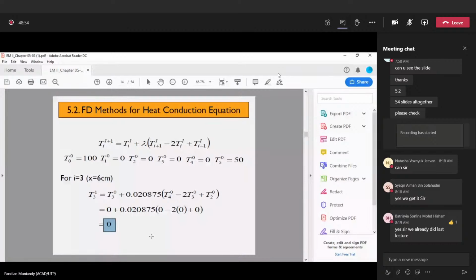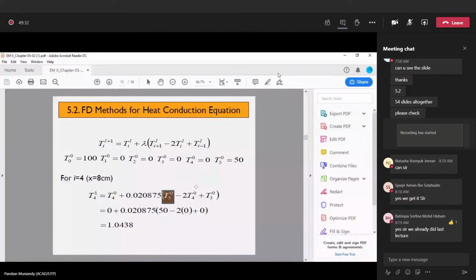And the last one is I equals 4. Previous one is I equals 3. Now I equals 4. So you substitute I, T subscript 4. Superscript, no change, subscript changes. T superscript 0 subscript 4 is 0 here, plus 0.020875 in the bracket. This one, T superscript 0 subscript 5 is 50.